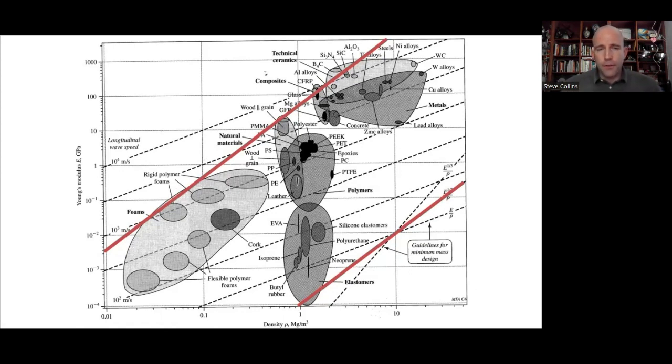For example, if this is a case where our geometry and scale are appropriate to a molding process, then perhaps a technical ceramic could be a good choice. If it's something that's really big and cost is not a concern, with a very simple shape, then a composite material might be a good choice, like carbon fiber.